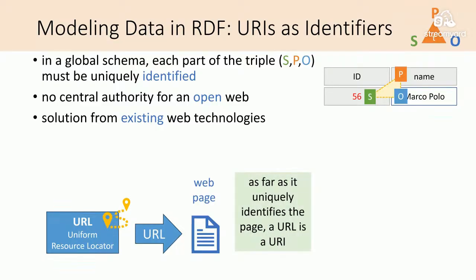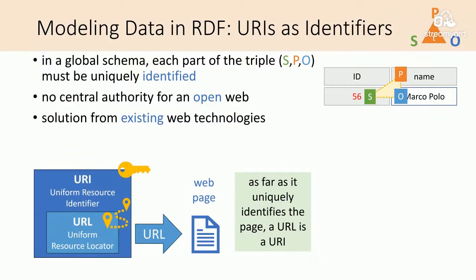In fact, when you enter a URL in your browser, you land on that specific page and nowhere else. So a URL also works as a more general identifier, which is called URI, that is Uniform Resource Identifier. So a URI identifies something, while it tells nothing about how to reach it, like the URL does.